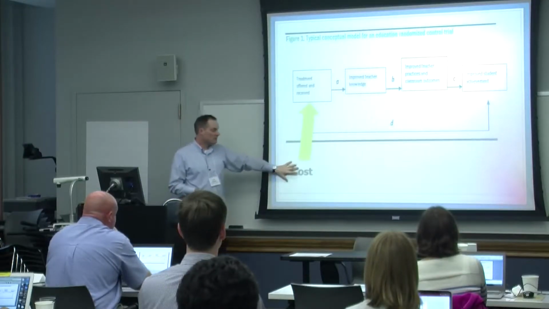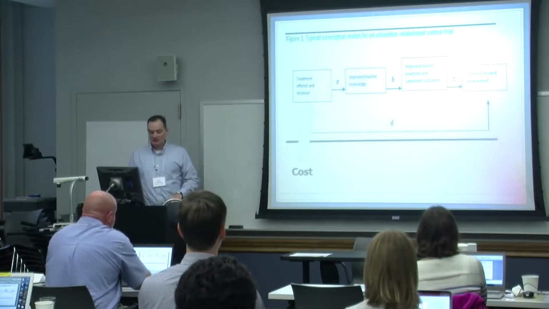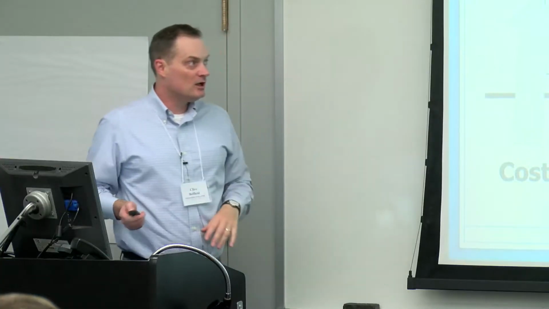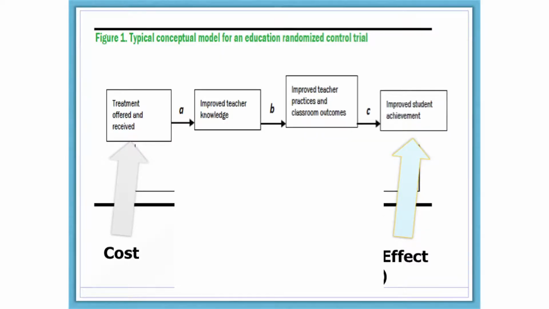Whatever that professional development costs us, we're going to cost that out here. And then we would just figure out how much it costs and if we can afford it, and then we would go all the way to the end and say what achievement gains are we going to get from this treatment. So we could go straight from A to D in terms of our effectiveness, and then literally we're just going to compare the two.